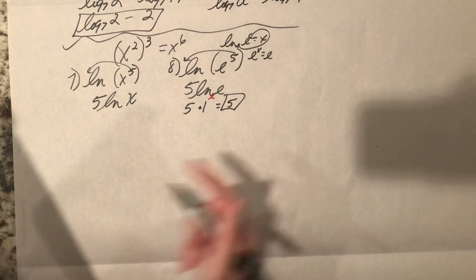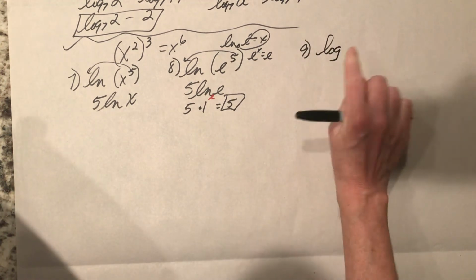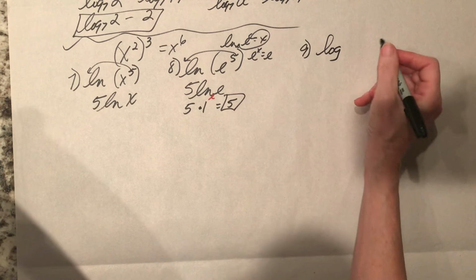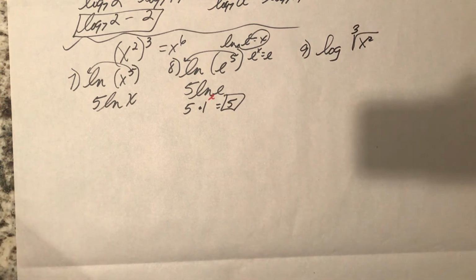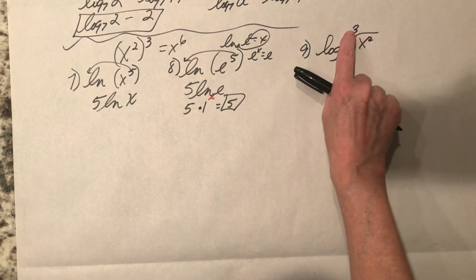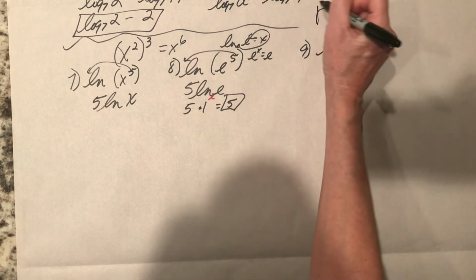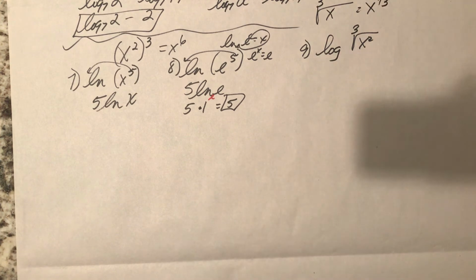Number 9, we've got the common log, base 10 understood there, of the cube root of x squared. You know that if you've got the cube root of x, it gives us x to the 1/3. We've done that a bunch with the exponential graphs.